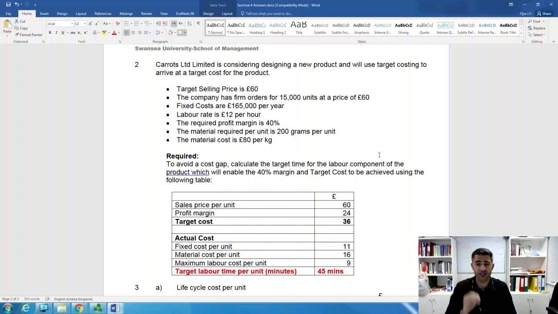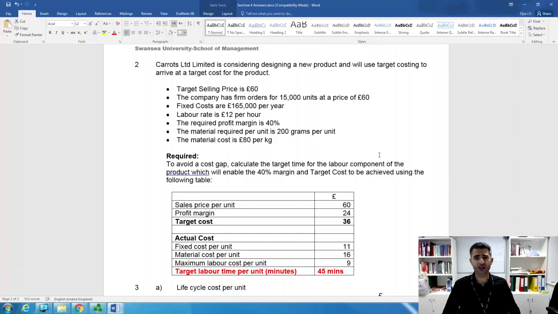It doesn't give you the labor time. So what the question is telling you is that you need to calculate everything, and you need to tell the company the labor time per unit, so they can stick with it in order to avoid the cost gap. Let's have a look.